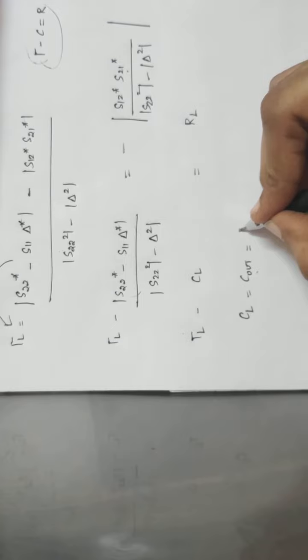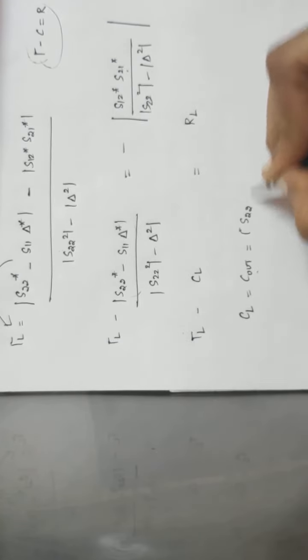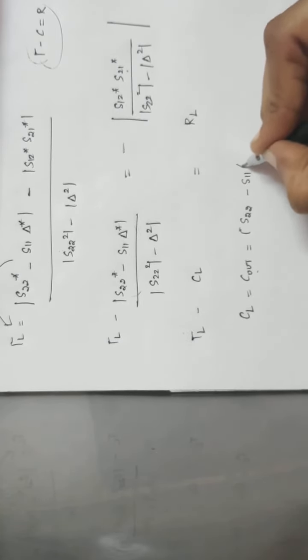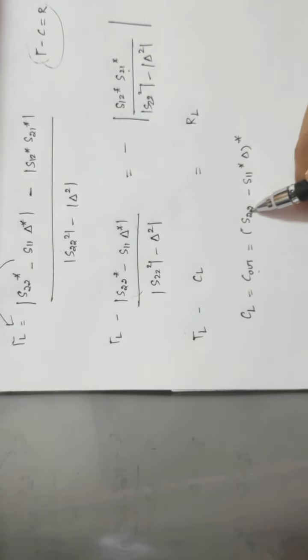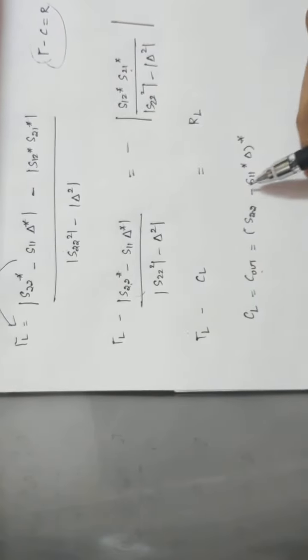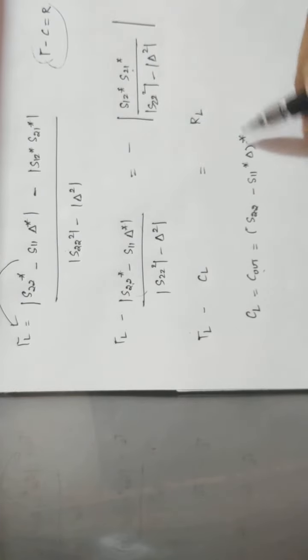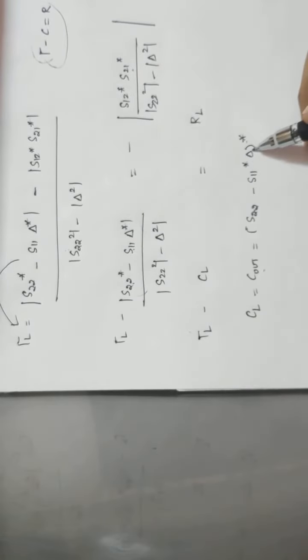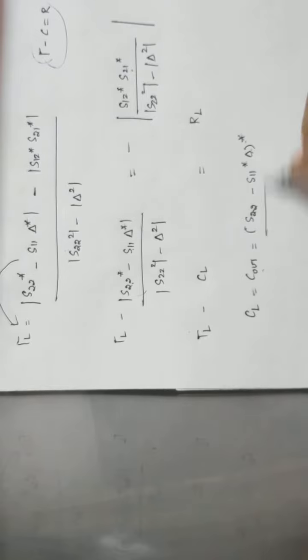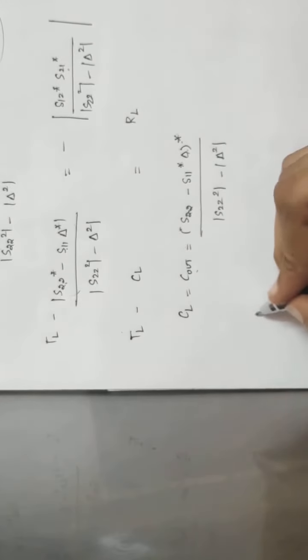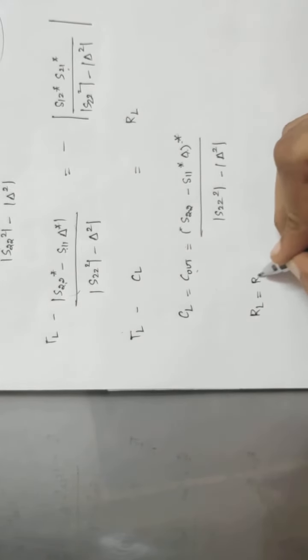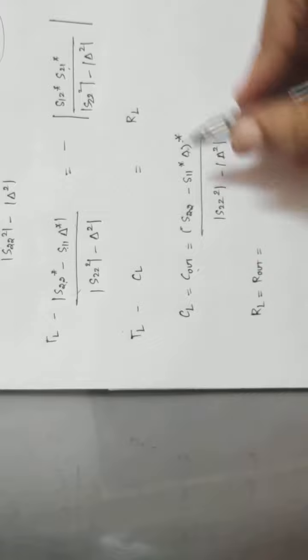So this can be written as S22 minus S11 star del the whole star. So for this term we apply a star, it becomes S22 star. This becomes conjugate of a conjugate becomes the same S11 again, and for this we have del star divided by mod of S22 square minus del square, and the radius RL, which is your output circle radius, is given by.